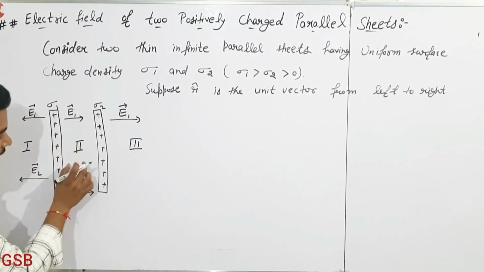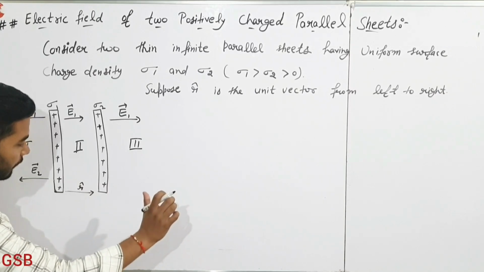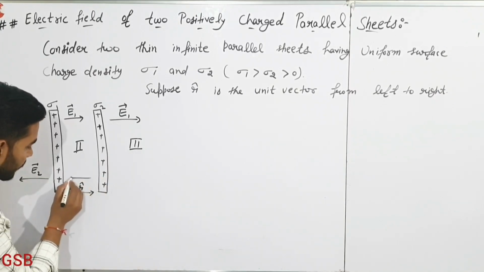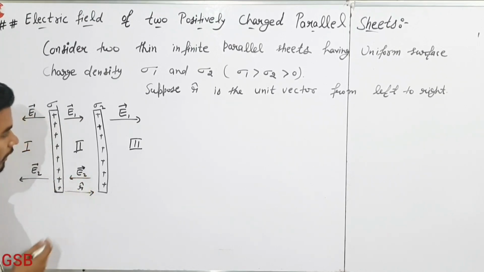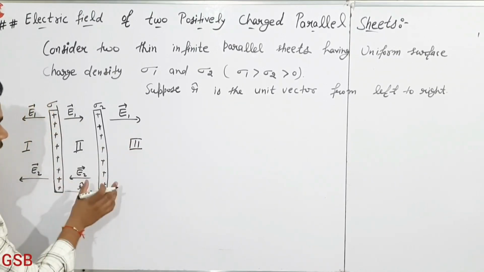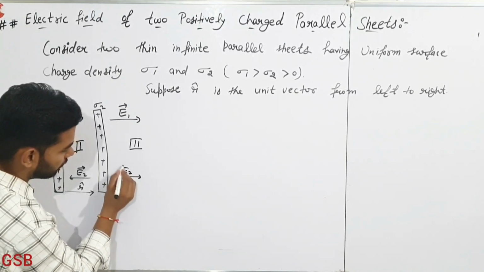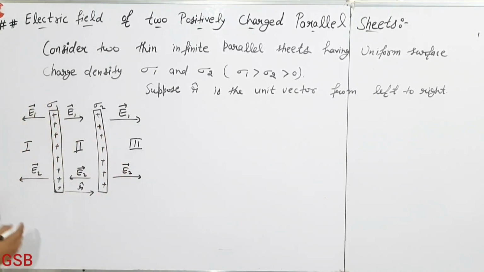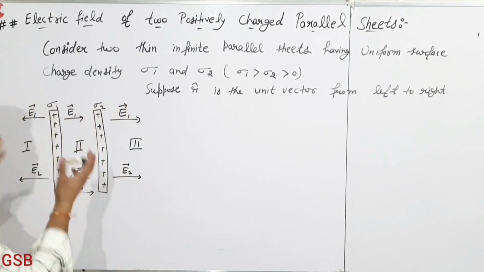In the second region it is from right to left E2, and in the third region it is from left to right. This is the representation of electric field for two infinite parallel sheets having positive surface charge density.